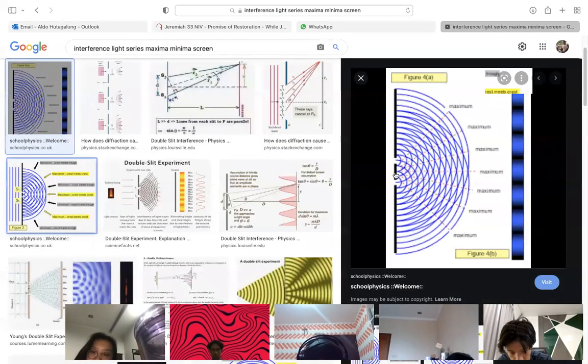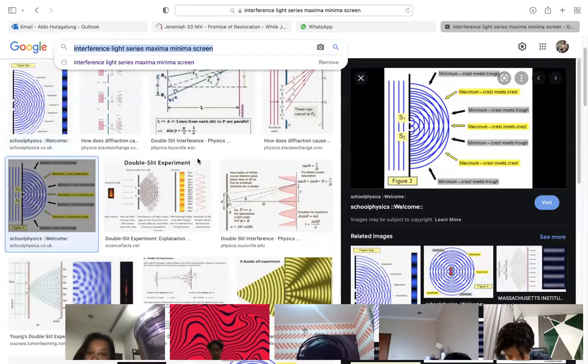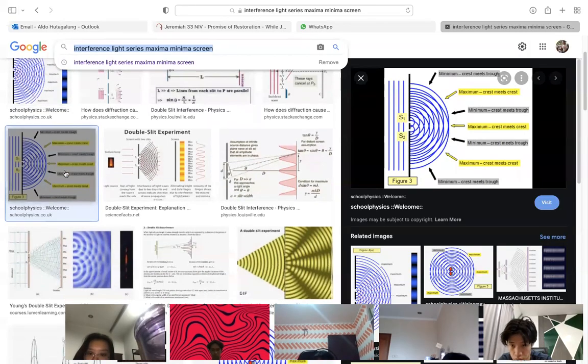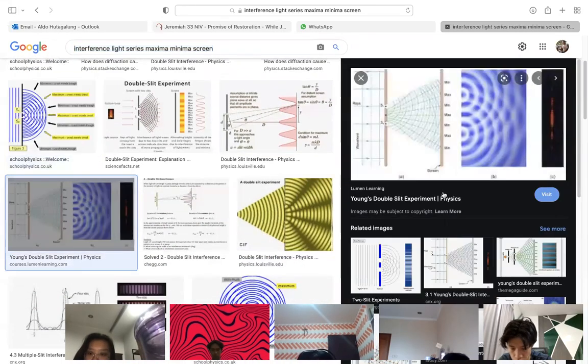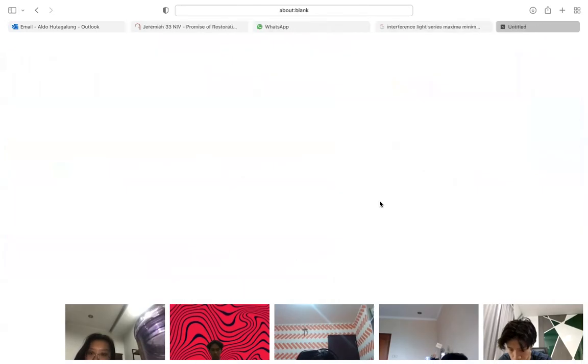See, the idea is like a series of maxima and minima. So for example, like this one. This is the source. Okay, I make it bigger.